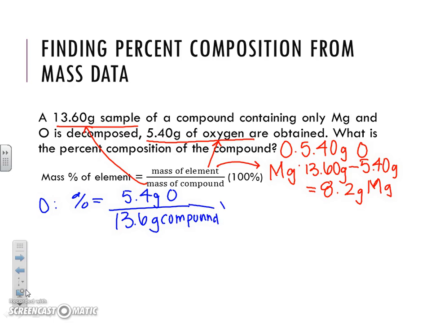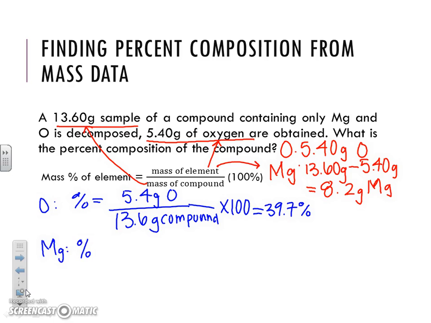Then we can multiply that by 100, which gives us a percentage of 39.7% oxygen.